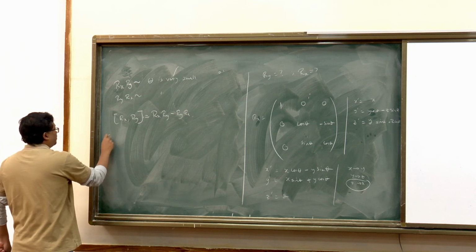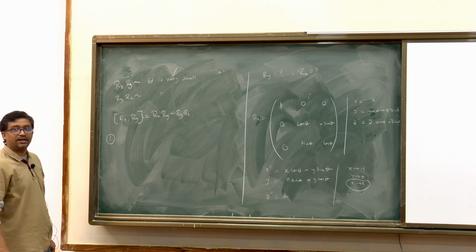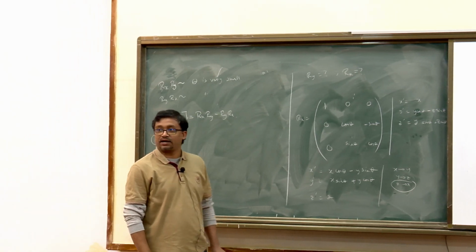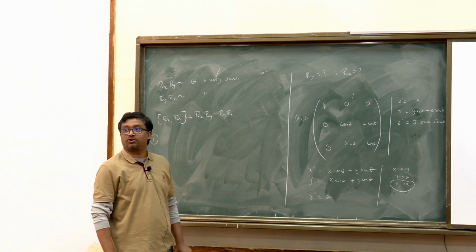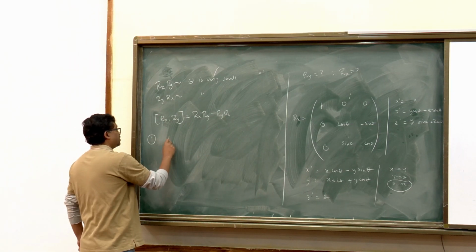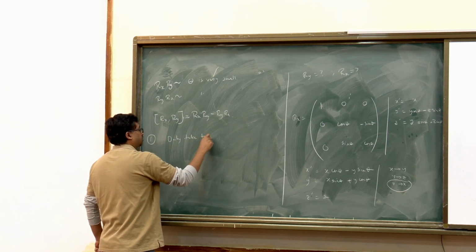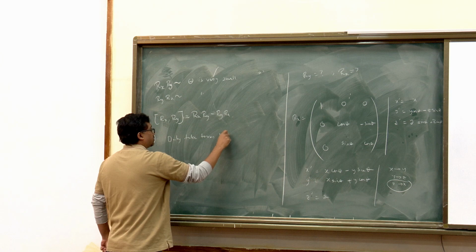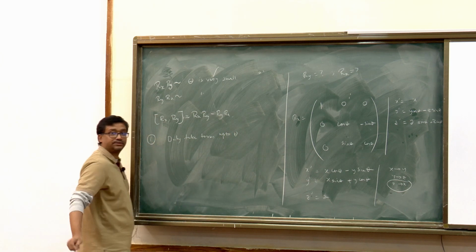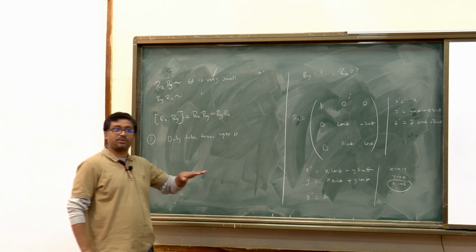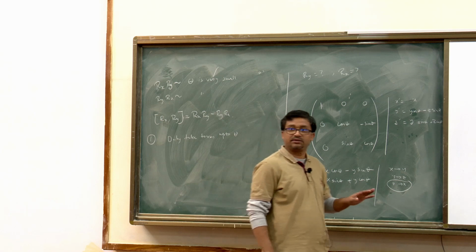The first attempt will throw out any terms greater than theta. So theta square and beyond we throw out, and only take terms up to theta, by doing a Taylor series expansion of cos theta and sin theta.